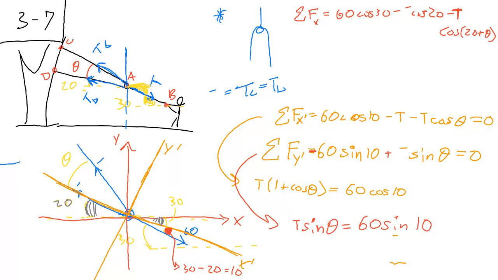Okay, what can we do here? I guess we could try to divide one by the other. If we're dividing, this might be tricky. Well, one thing we can do is rewrite this part using a trig identity. I know that one off the top of my head: 1 plus cosine theta equals 2 cosine squared of theta over 2.